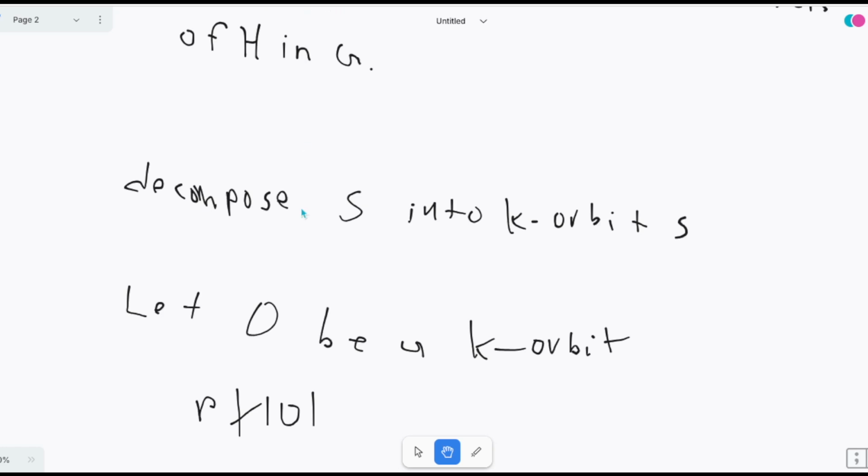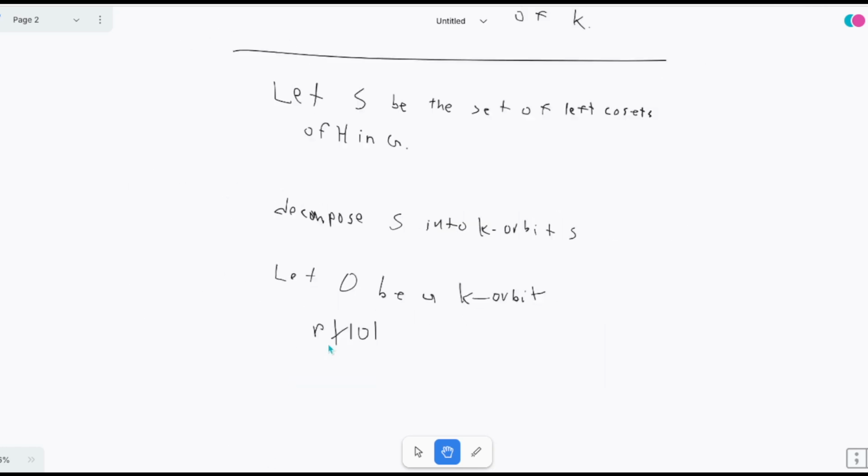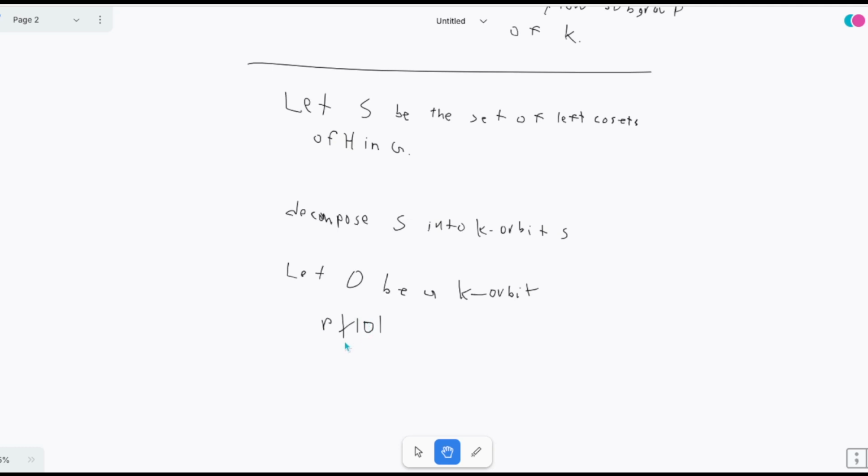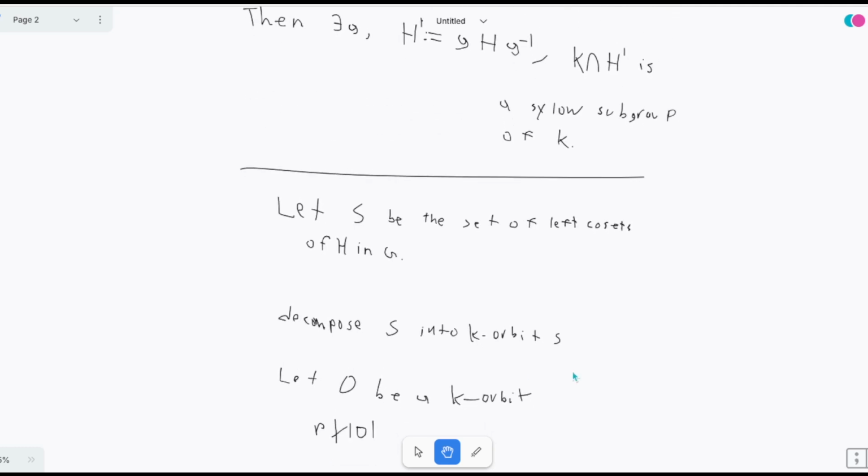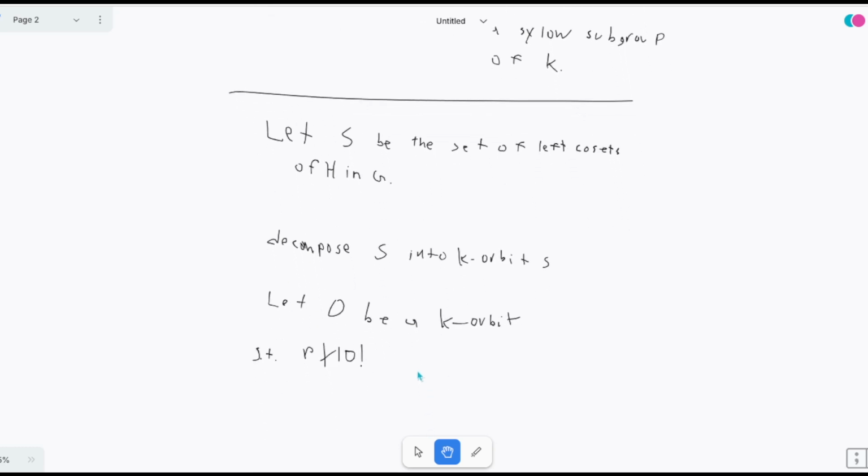K being the subgroup of G from the theorem statement, such that P does not divide O. And let's say it's the K orbit of the element aS.